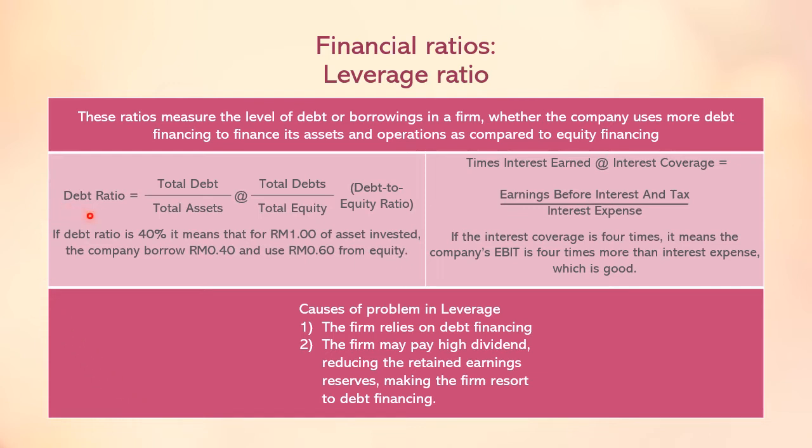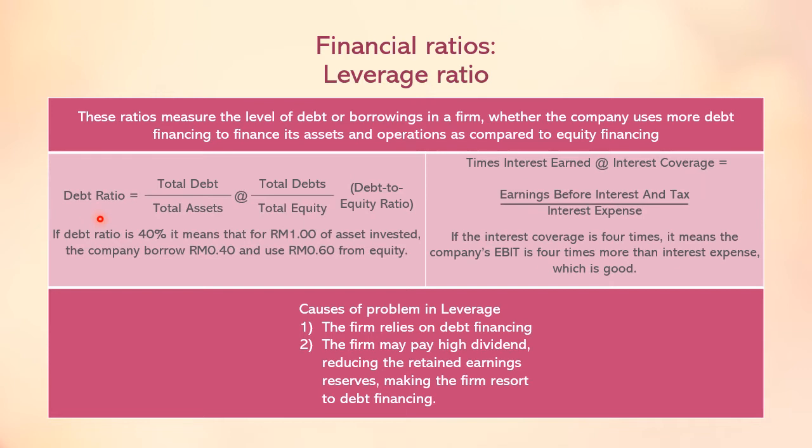So to calculate the debt ratio, you can use 2 ratios. One is dividing the debt by total assets, or you can divide the debt by total equity. So in your past year questions, if the question asks you to calculate using this formula, they usually will use the term debt to equity ratio as opposed to debt ratio.